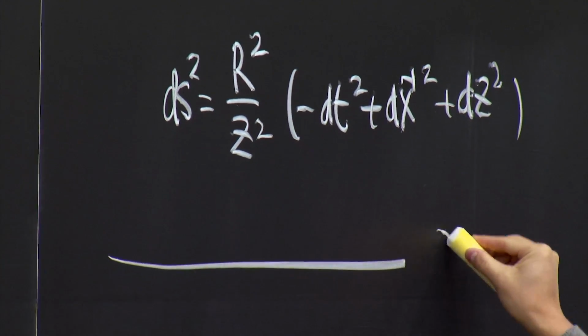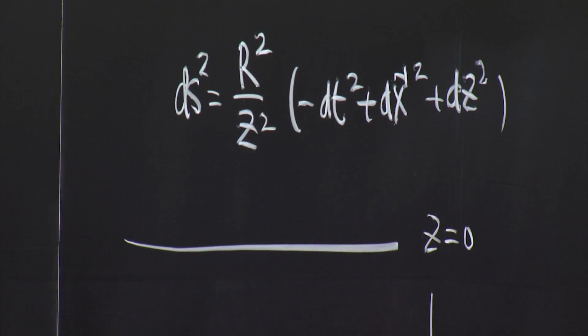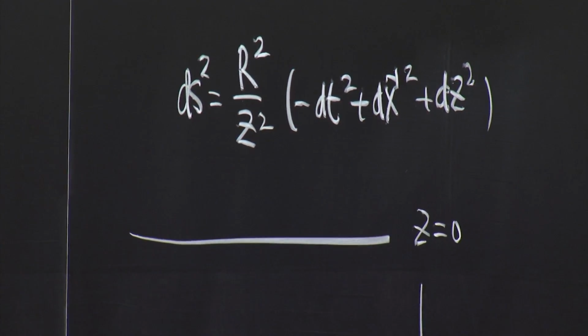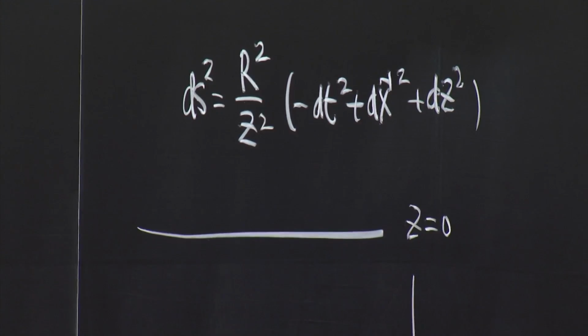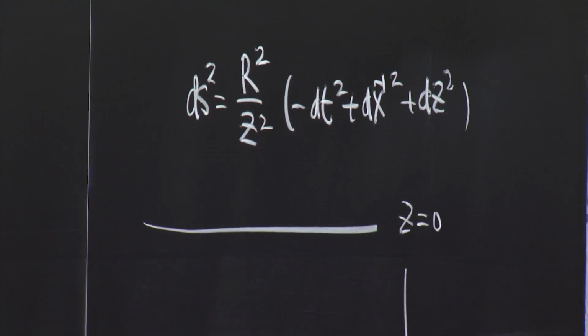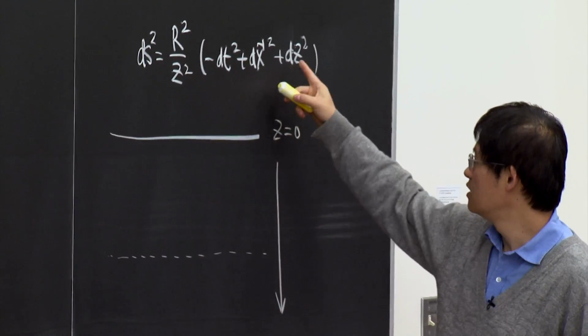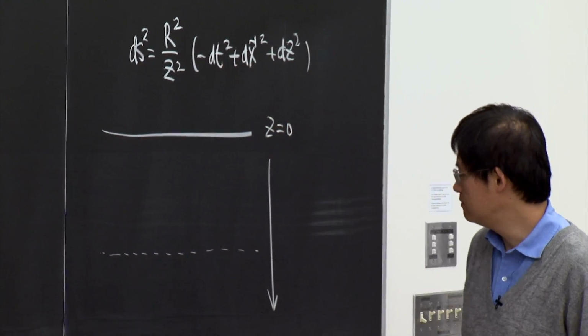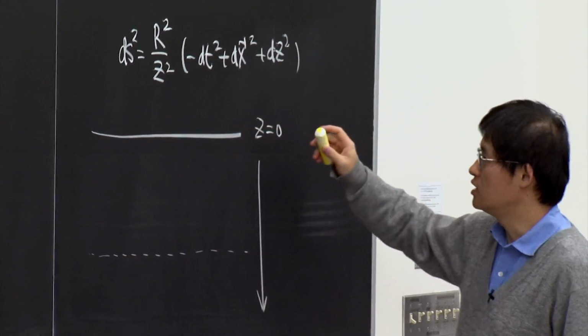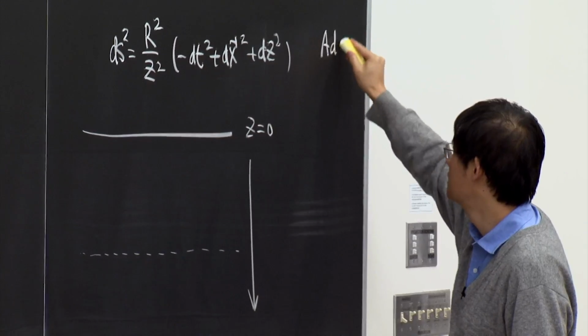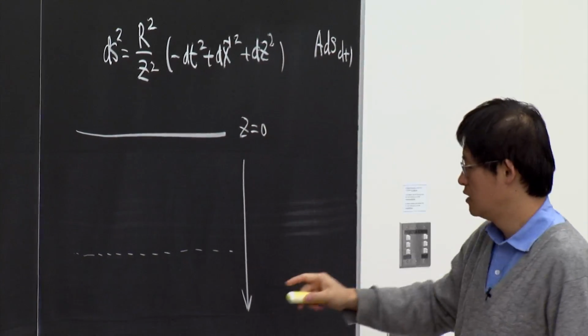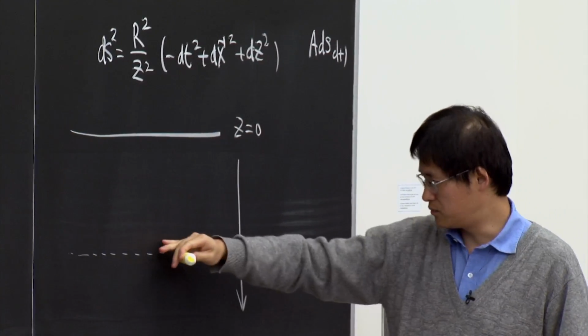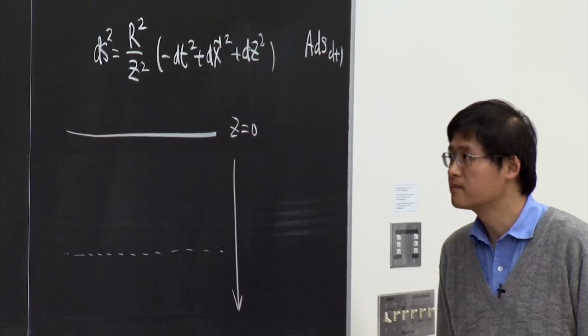The boundary is at z equal to 0, and when you increase z, you go to the interior. For each constant z, you have a Minkowski spacetime, so this is AdS d+1. Each slice is a d-dimensional Minkowski space.